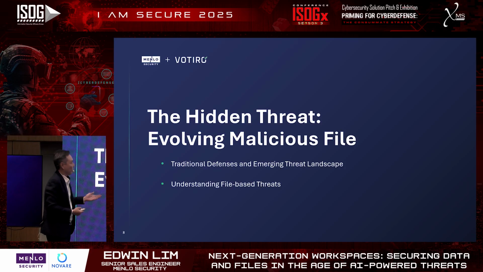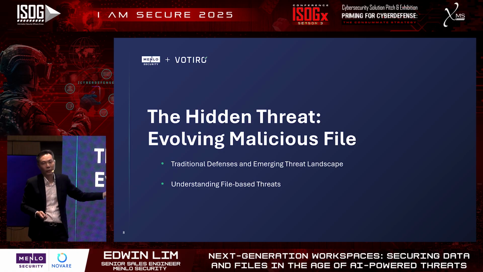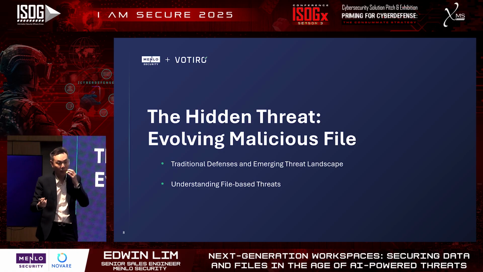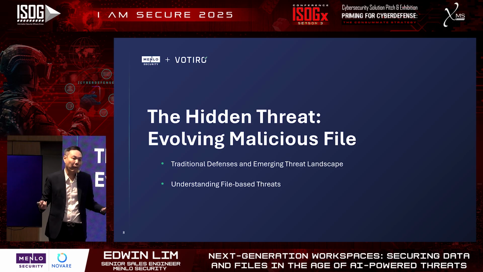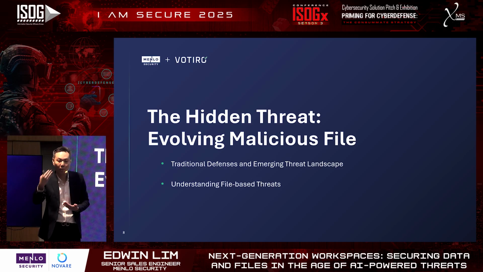Okay, so the hidden threats, evolving malicious files. At this juncture, you'll be receiving files every day through your email. You have all your email threat protection systems, right? That comes in, you sandbox, you AV scan the files before you put them in your mailbox.